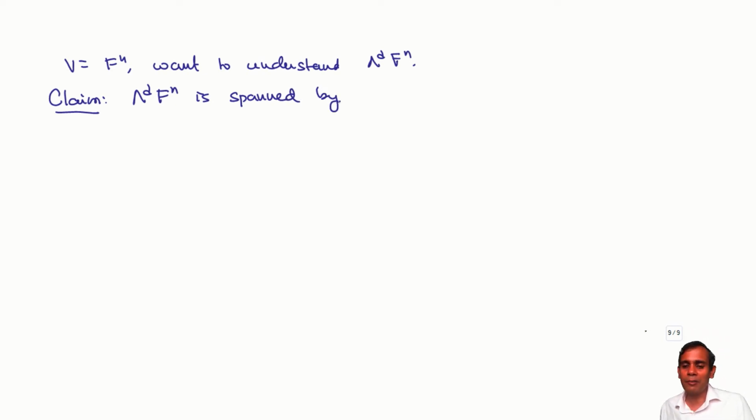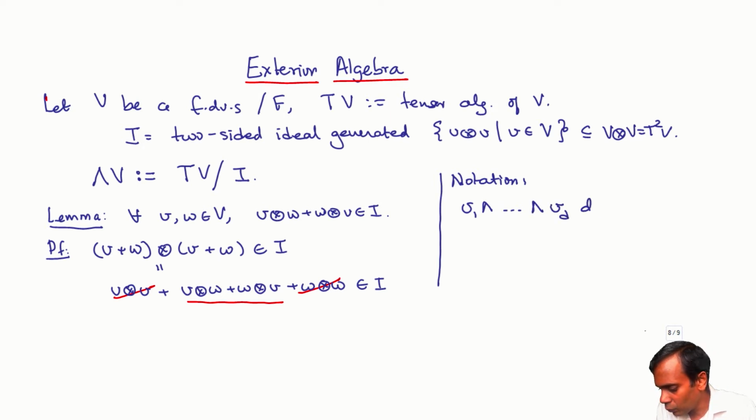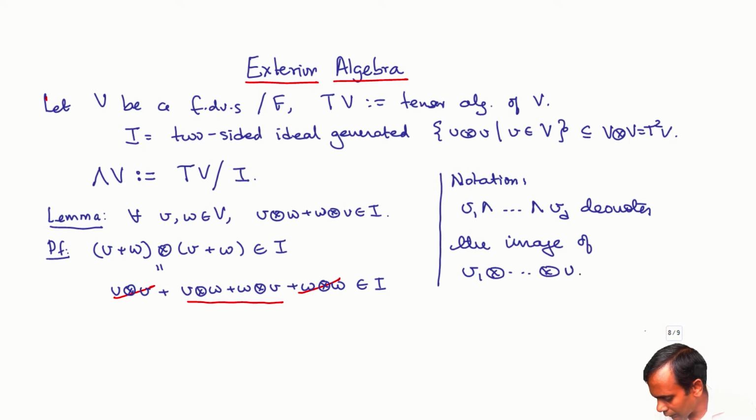Just to distinguish between vectors in T^d and wedge d, I will use a certain notation. I'll say v1 wedge through vd denotes the image of v1 tensor through vd, which belongs to T^d V, in wedge d.